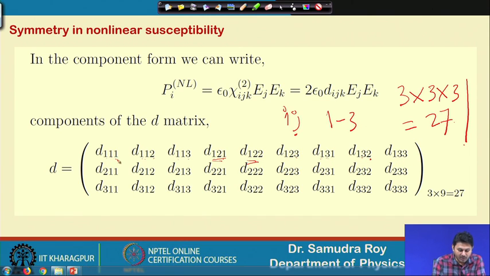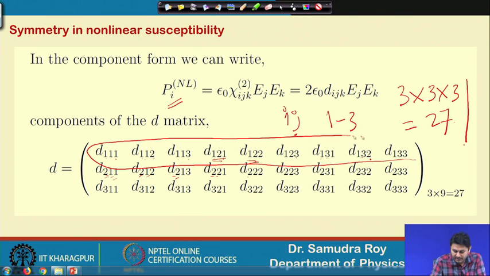In a similar way, now I am changing the i value: 2 1 1, 2 1 2, 2 1 3, 2 2 1, 2 2 2, 2 2 3 and so on. So, if you write all these things in some sort of matrix form, you will find that there should be 27 elements. These 27 distinct elements one can have once we have the entire picture. So, that means for the ith term, only for the ith term, if i is fixed, we should have that many elements.